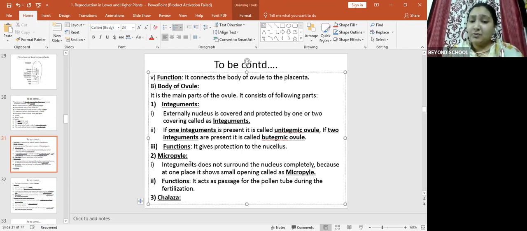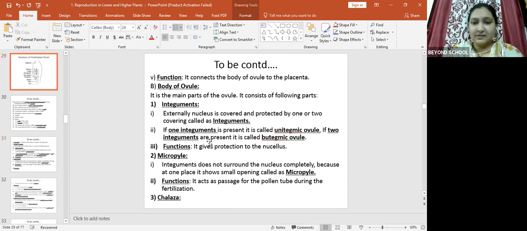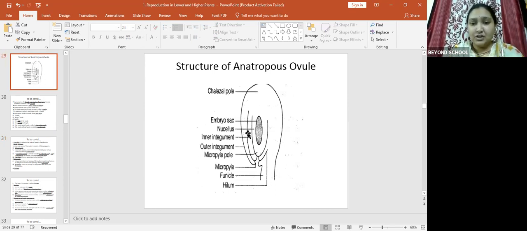Now, the integument does not fully surround the nucellus. When I was showing you the structure of the integument, at that time itself I showed you these two integuments. Even this layer of the integument which is present inside, they are surrounding the embryo sac, that is our nucellus, but it is halfly surrounded. It is not wholly surrounded, right?